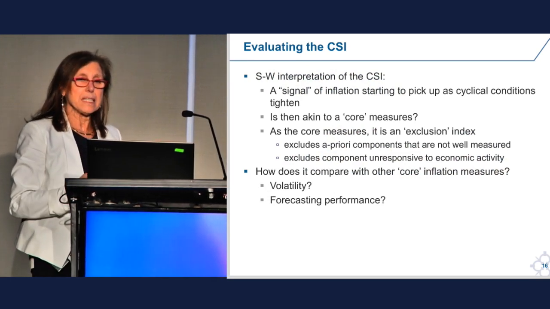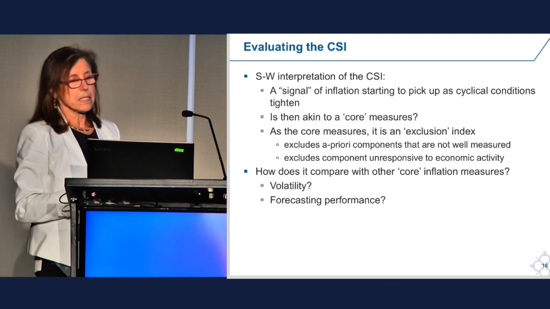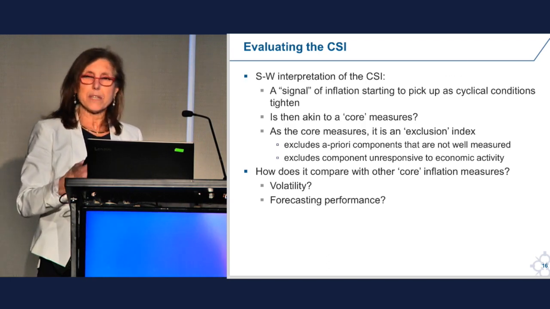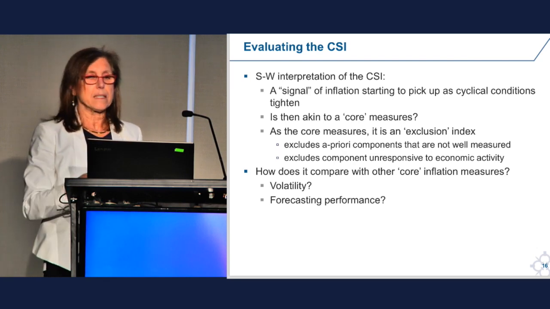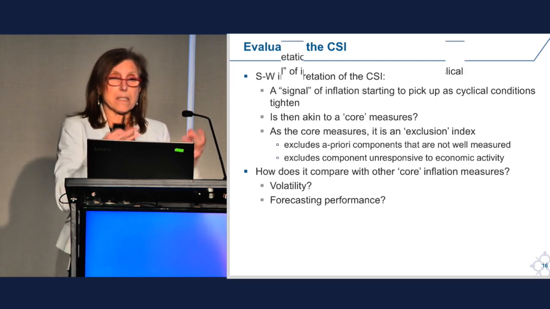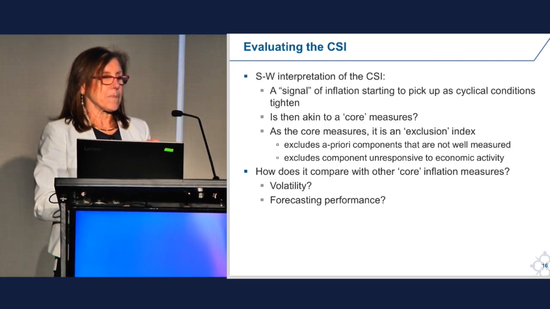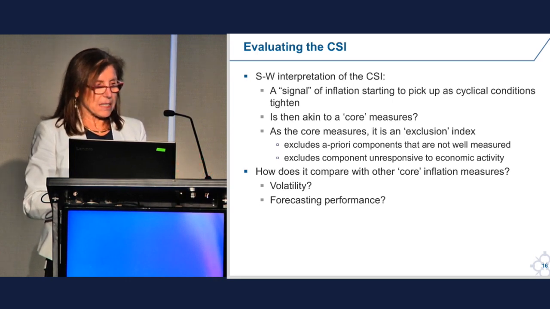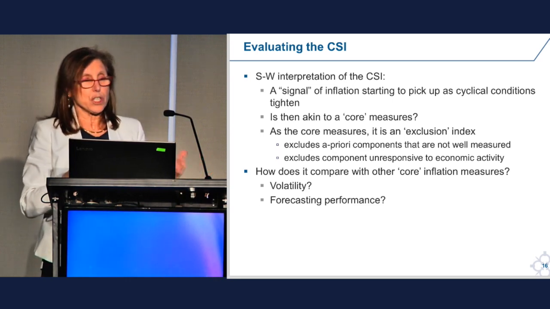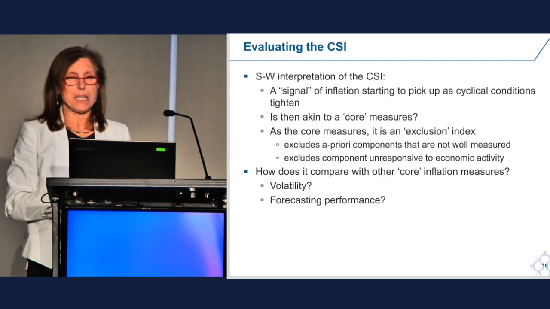So the interpretation of CSI, and Mark was very clear, is that CSI can be used as a signal that inflation starts to pick up as cyclical conditions tighten. And in fact, that's the logic under which it's constructed. Now, it's well justified, because given the kind of uncertainty that we have about measuring the slack, this could be a good substitute for a measure of slack.